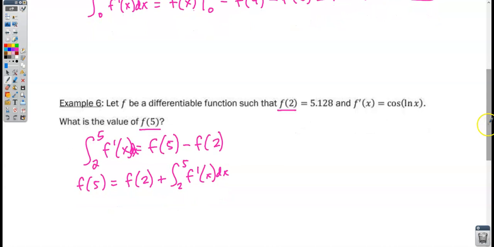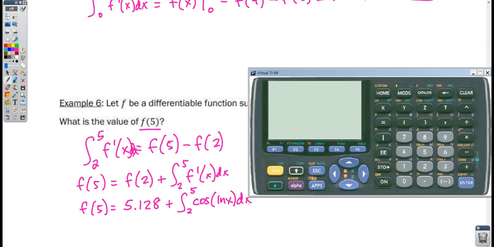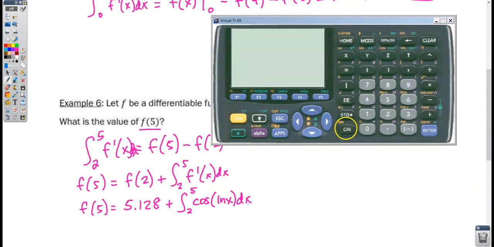And so we know the value of f of 2 is 5.128. And we know that f prime of x is the cosine of the natural logarithm of x. Now at this stage, we don't know what the integral of cosine of the natural logarithm of x is. That's not some easy to find antiderivative for us. So I'm going to use this setup, and I'm going to go ahead and use the numerical integral feature on my calculator to find the value of f of 5.